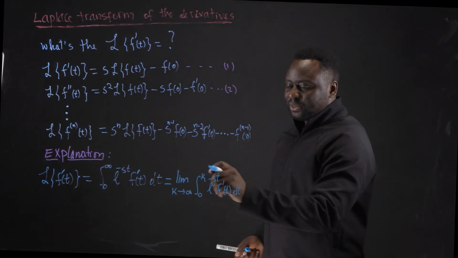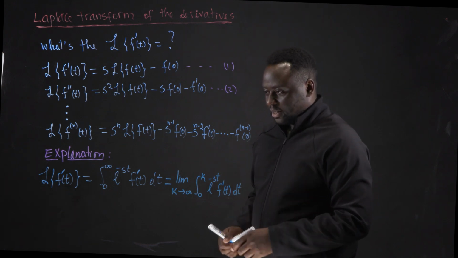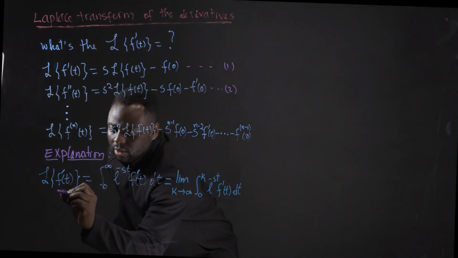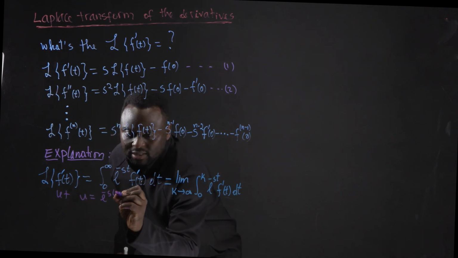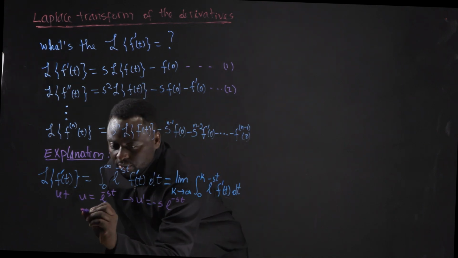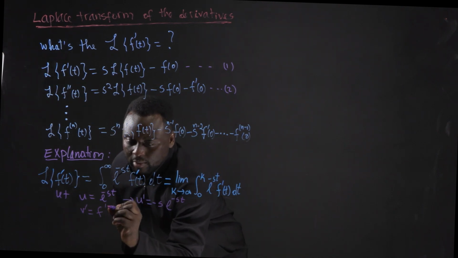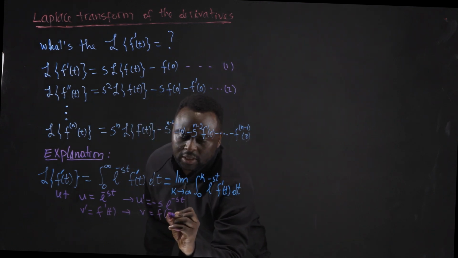All right, if you use integration by parts here, what do we obtain? Let u equal e to the power minus st, then u prime is minus s e to the power minus st. And if you set v prime equal to f prime of t, this means v is equal to f of t.